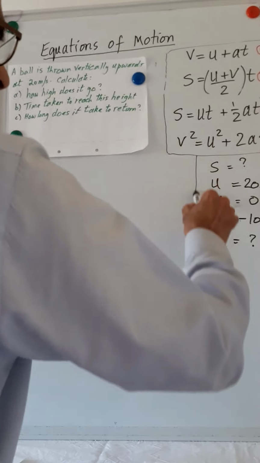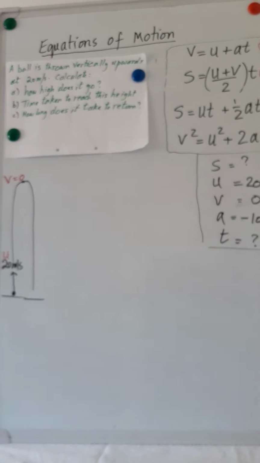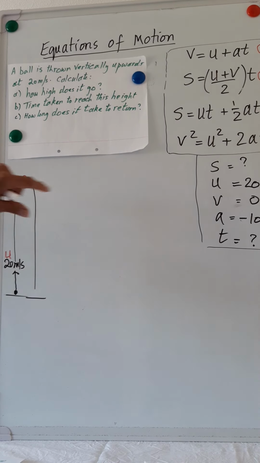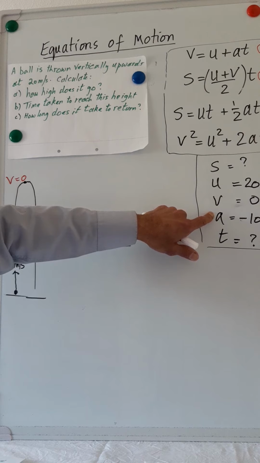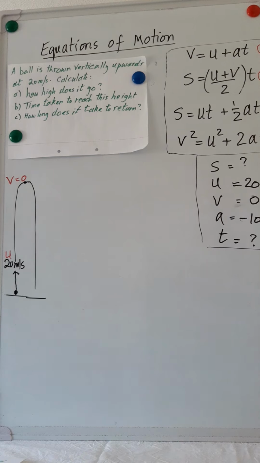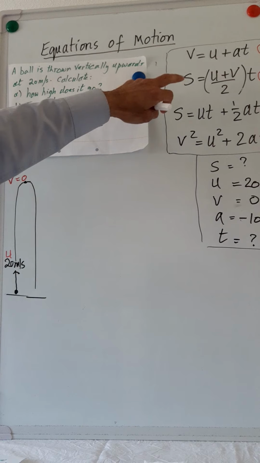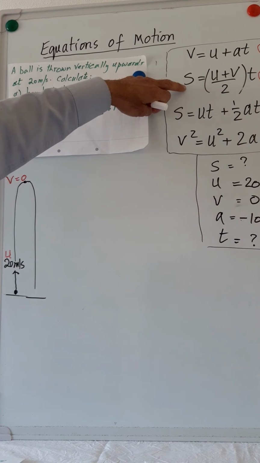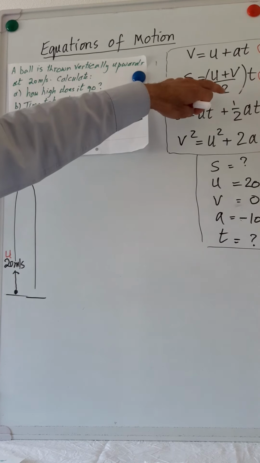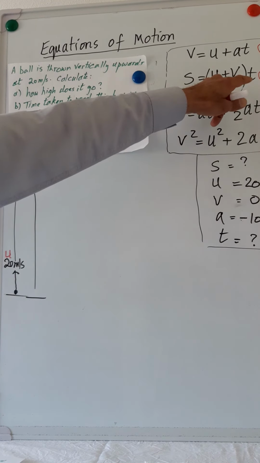So first of all, how high does it go? Now we need to find the maximum height. So we know u, we know v, and we know a, and we want to find s. Which formula can we use to find the distance s? The easiest one to use would be s equals u plus v divided by 2, times t, because we know both u and v and the time.